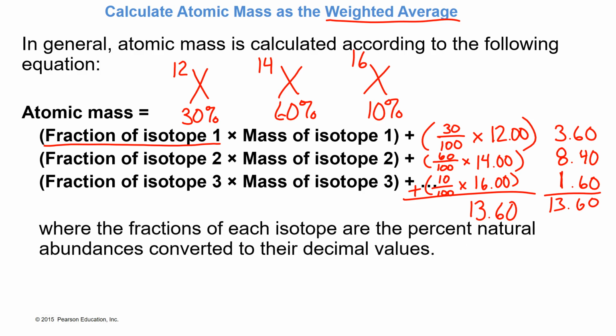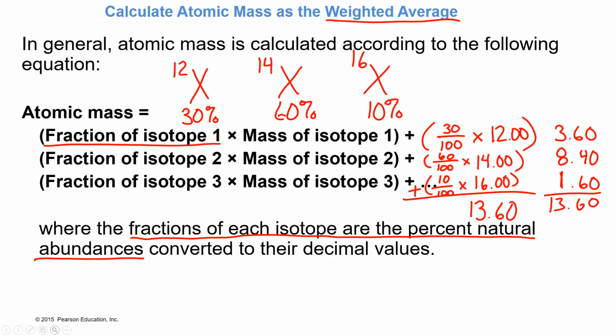Let's look at it in a real problem situation. I just want you to understand, whenever I say fraction of the isotope, the fraction of the isotope is a percent of the natural abundance. Yesterday when we were talking about isotopes, on the slides I kept using the word abundance.